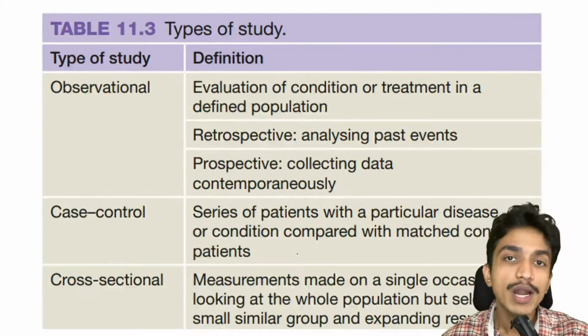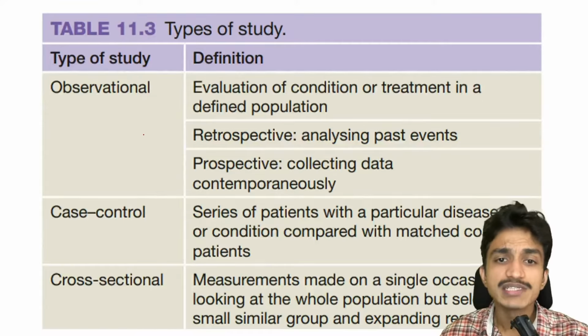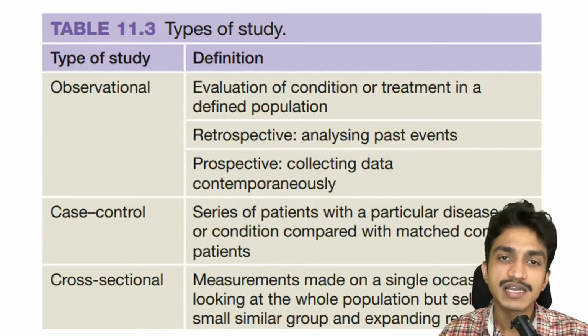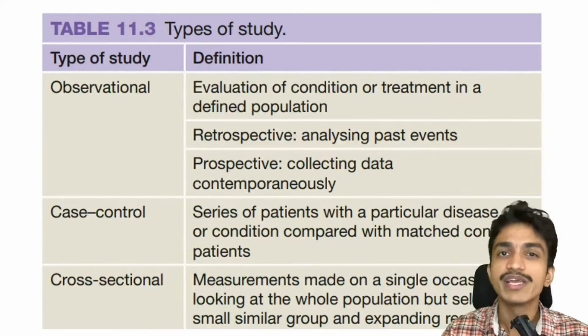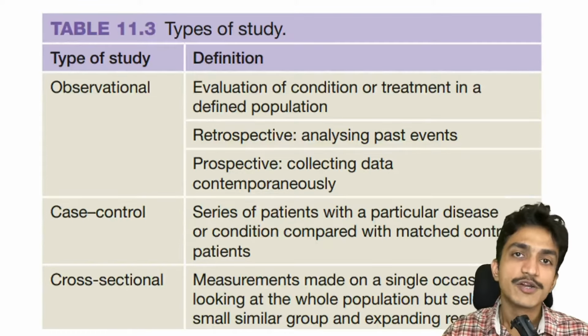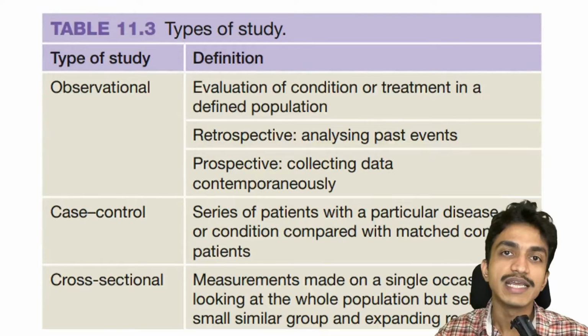Now coming to what kind of studies there are. Observational is that basically we evaluate a treatment or a disease in a population. So we just see what is going on, we observe and we give the result. Retrospective is we analyze the past. Prospective is we study as the time goes. What is case control?